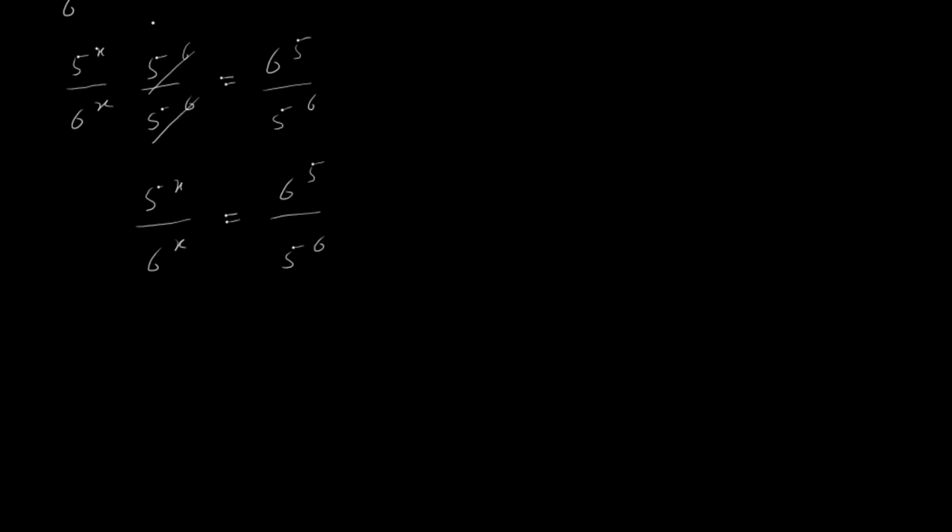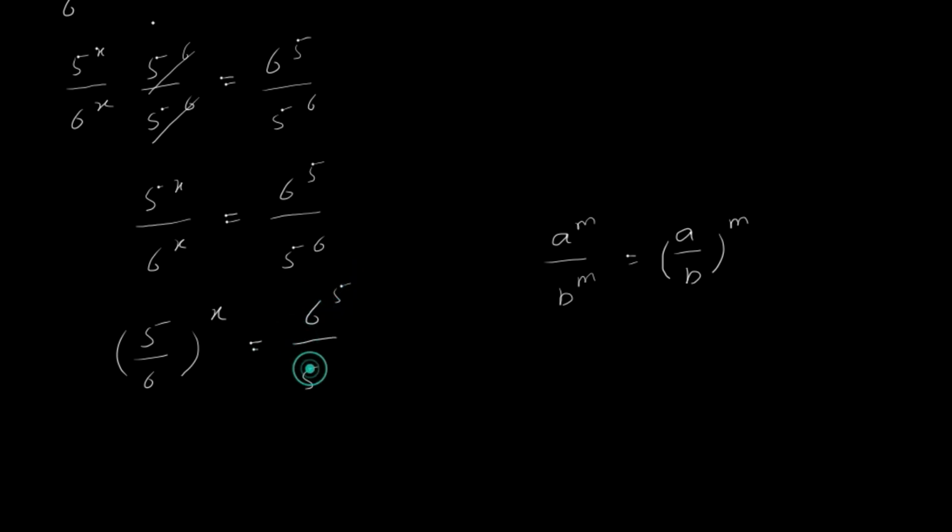Here we will apply another identity: if a^m and b^m, then we can write (a divided by b) whole power m. Now we will apply this identity here. (5 over 6) whole power x is equal to 6^5 over 5^6.